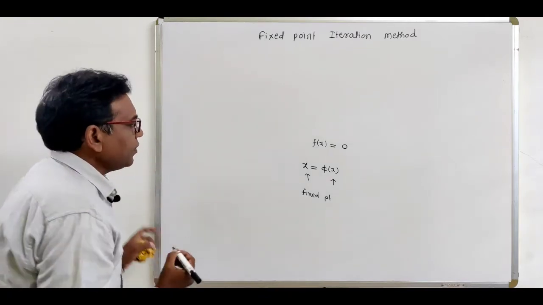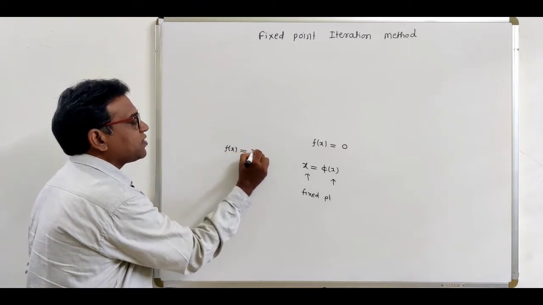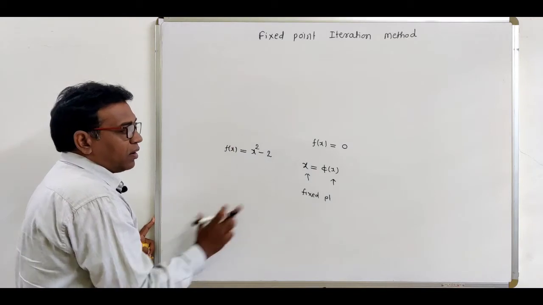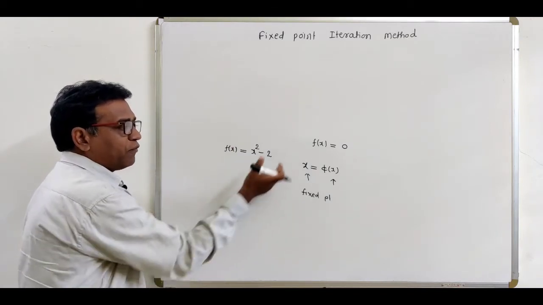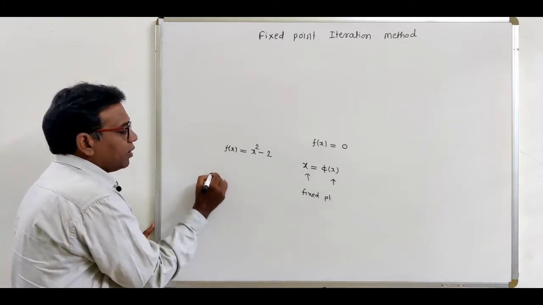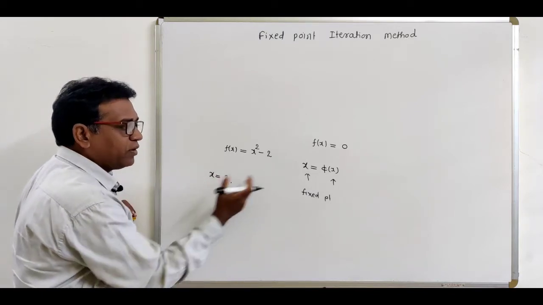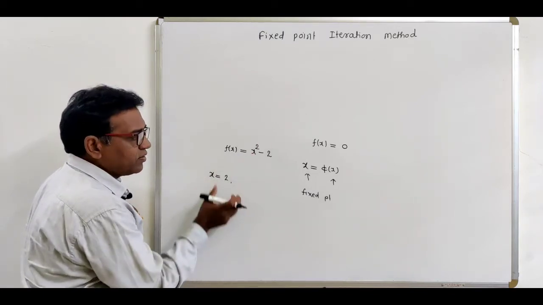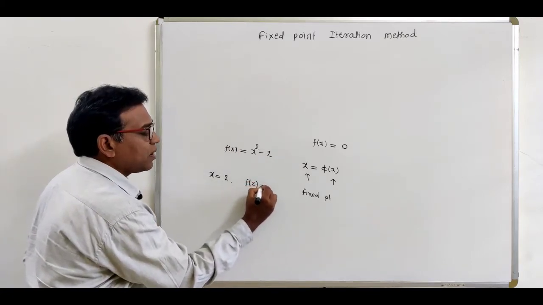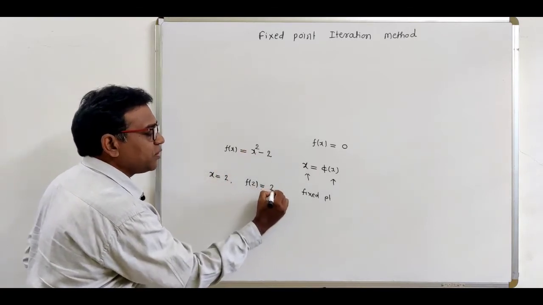Now suppose we consider the function f(x) equal to x square minus 2. Let us find the fixed point for this function. x equal to 2 is a fixed point for this function, because if you put x equal to 2, what is the value of f(2)? 4 minus 2, that is 2.